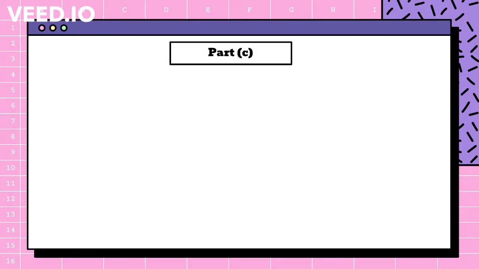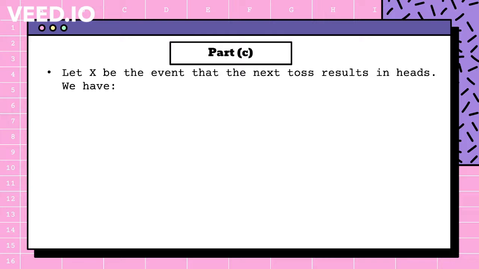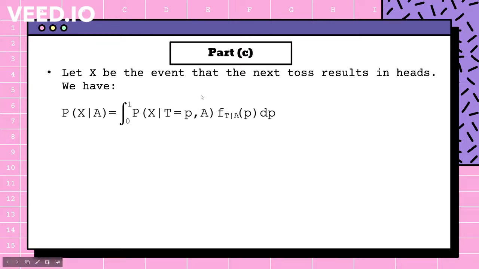Now for part C, we shall find the conditional probability of the next coin being head, given that the first coin we found is head, and this is just the combination of part A and part B. I assume X to be the event that the next coin results in head. This is again the same formula as in problem 1, but here it uses the probability density function of part B. In the first term there is also a term of A, because we take A into account.